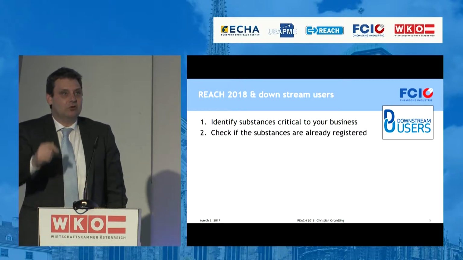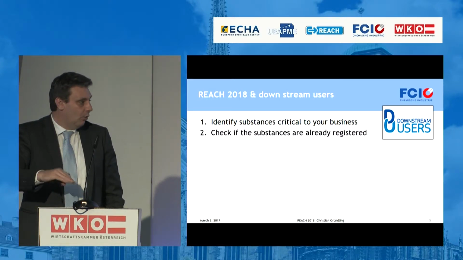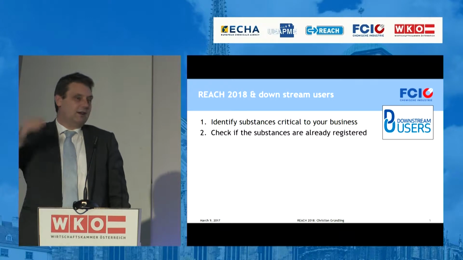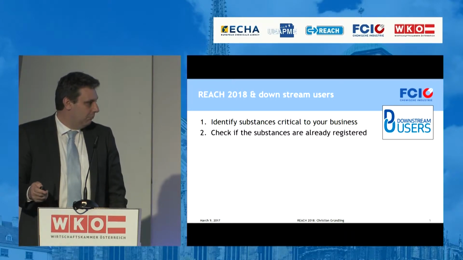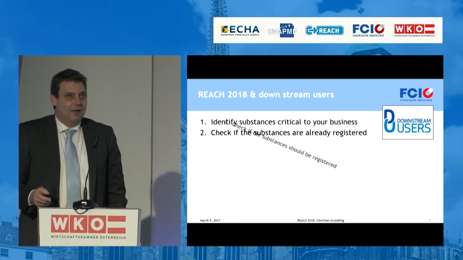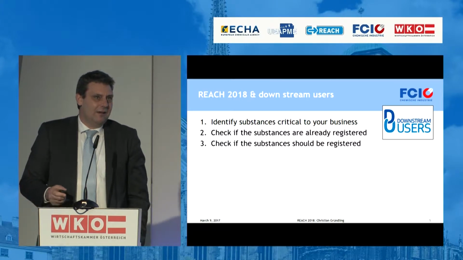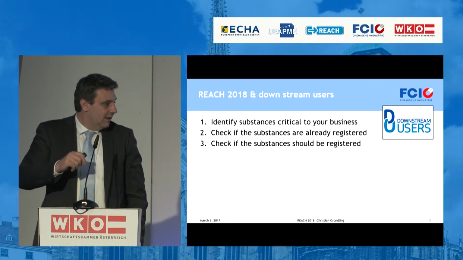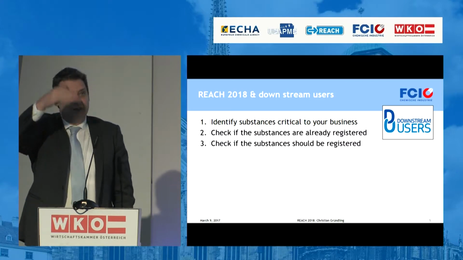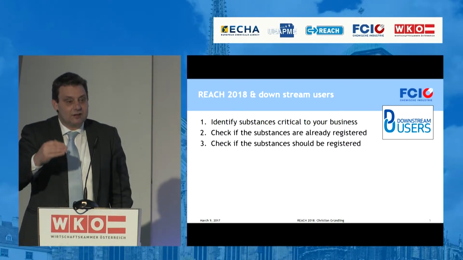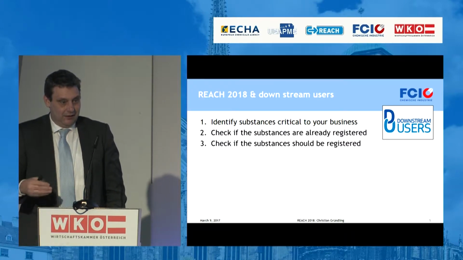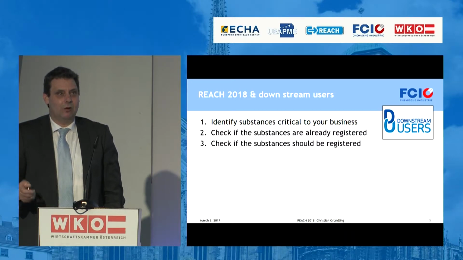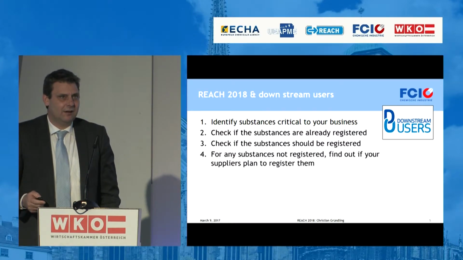Then they have to check if the substances are already registered, because then I can lean back a little bit. Then we have to check if the substances are not registered, which substances should be registered still for me or from my supplier.